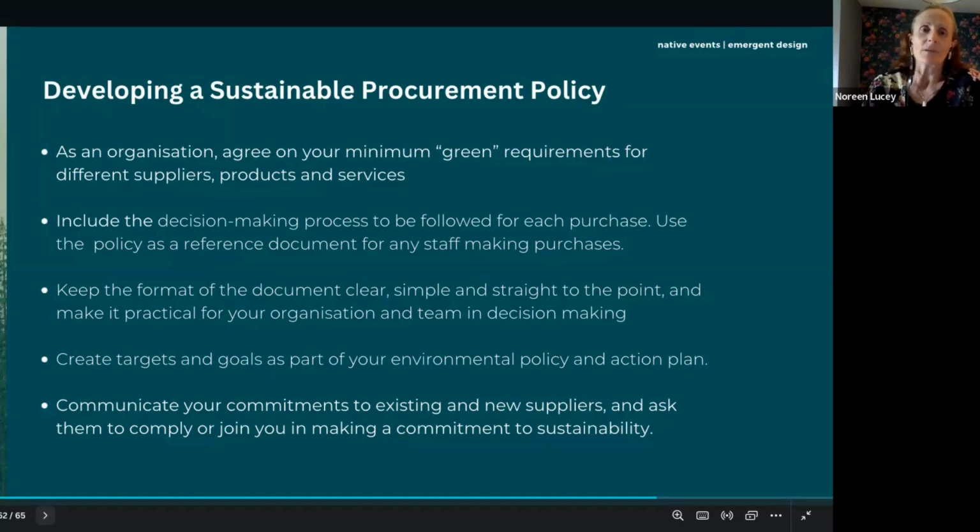We're not saying that you have to create a whole new policy. This is part of the environmental policy and action plan that you're working on now. It should be very clear, simple and straight to the point, so that it will be used and your team will understand that this is part of a purchasing decision-making process. Then you might create targets and goals for procurement as part of your environmental policy and action plan.